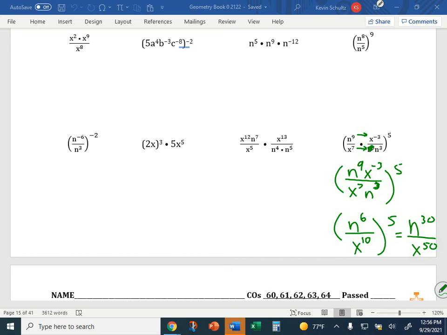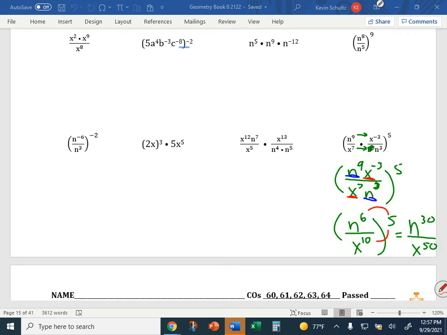Then I simplified my bases of n, right? To get n to the 6th in my numerator, 9 minus 3 is 6. And then I simplified my bases of x, one of the two ways that we talked about, and I ultimately end up with x to the positive 10th in my denominator. Then distribute 5 times 6, 5 times 10. There's my final answer. Okay?